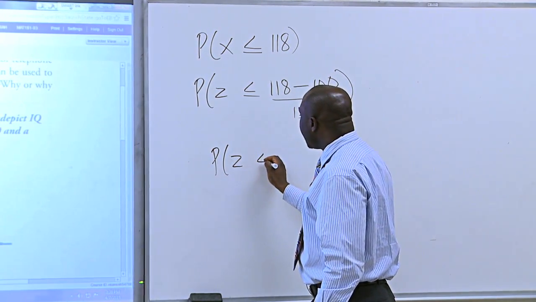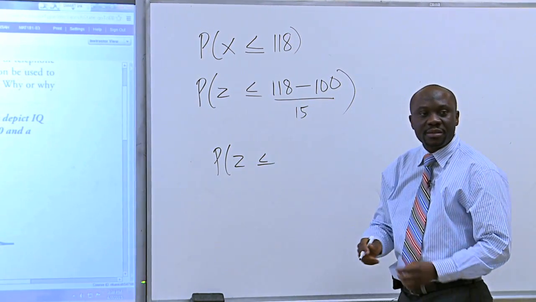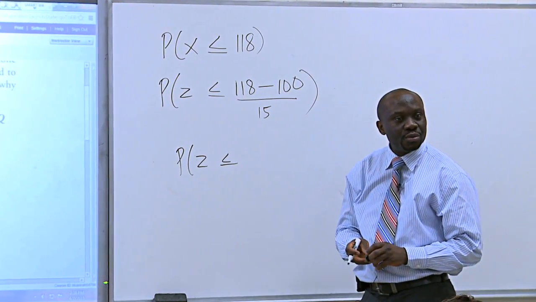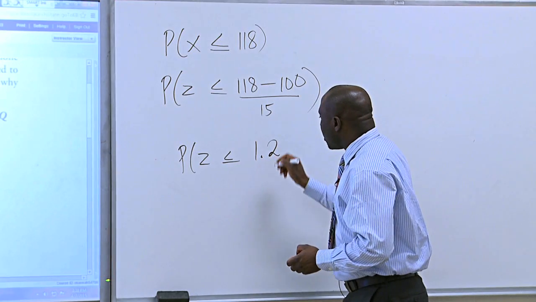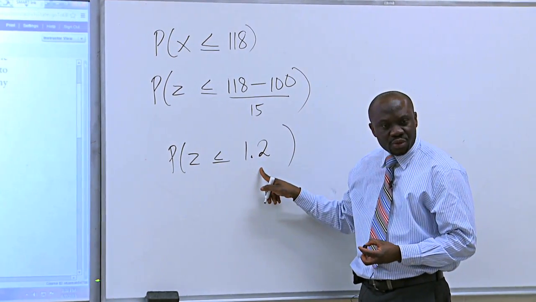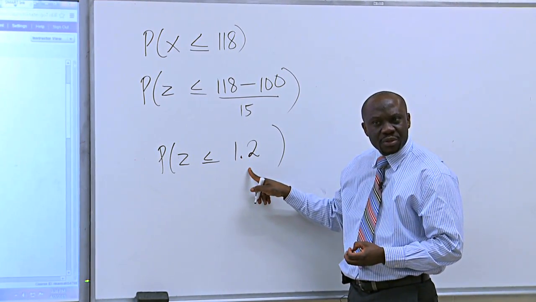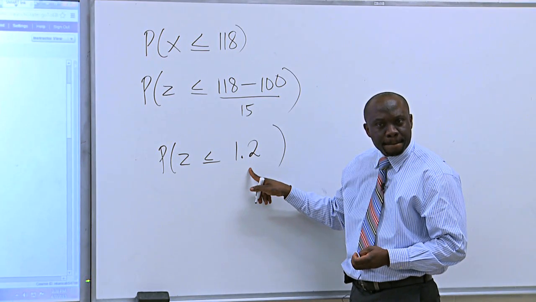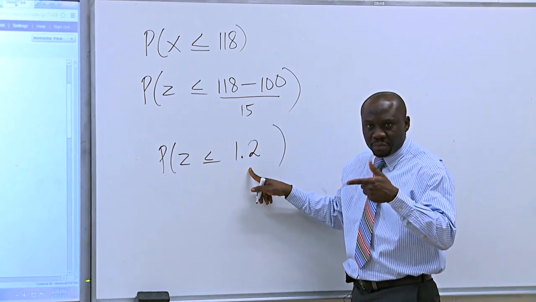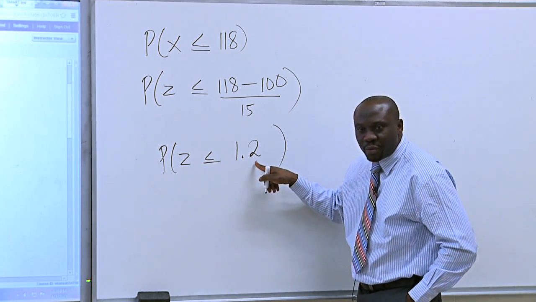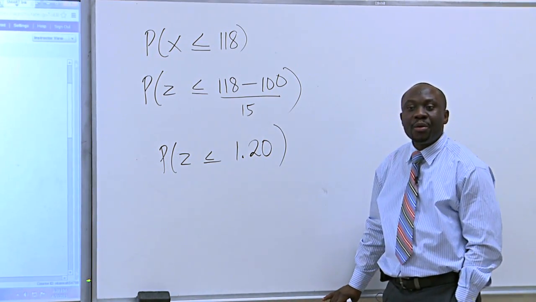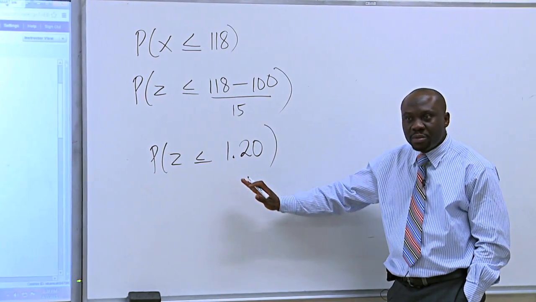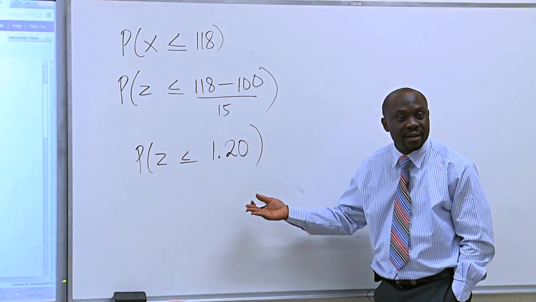So this is Z less than or equal to, now your calculator, 1.2. But can I write just 1.2? What do I have to do? Round up to get like 2 decimals. Excellent. So how do I make this 2 decimals? Put a 0. Otherwise, when you go to the table, you'll be like, how do I find it?